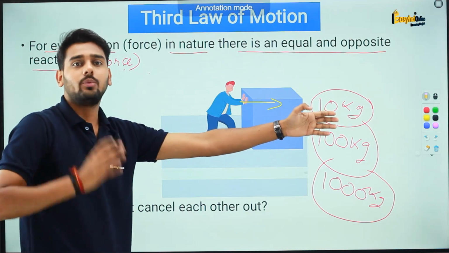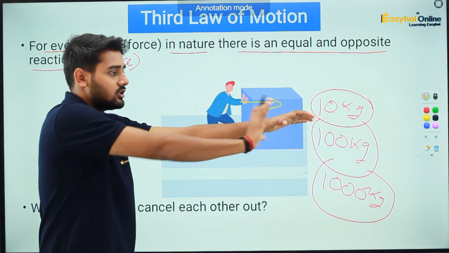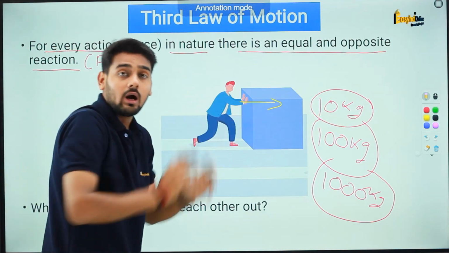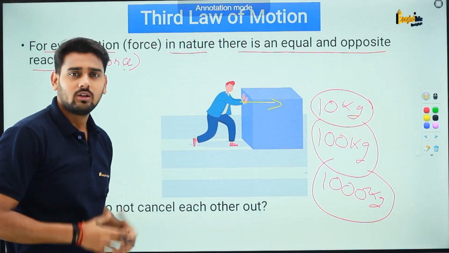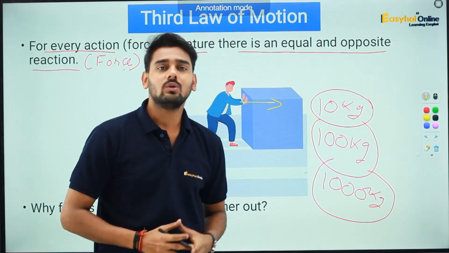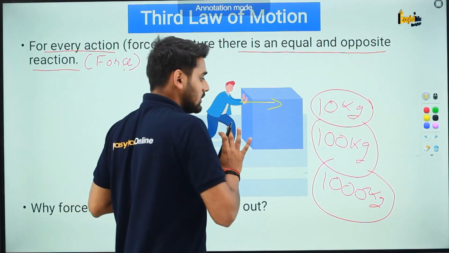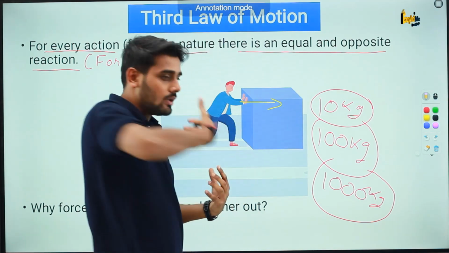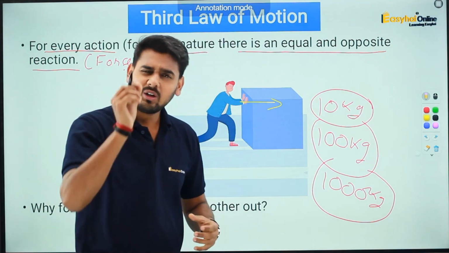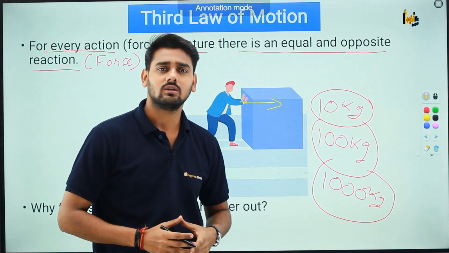The boy is applying force in the forward direction, but how come his own body moves backwards? You can do this at home as well. Just go and try to push on the wall. Be very near to the wall and push it. The wall will not move, but your body is going to move backwards, even though you applied the force in the forward direction.